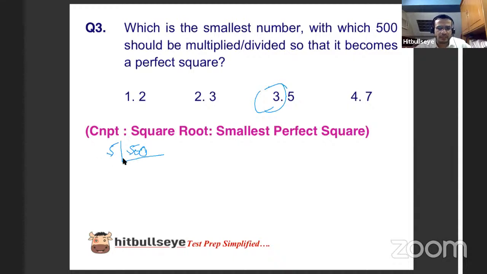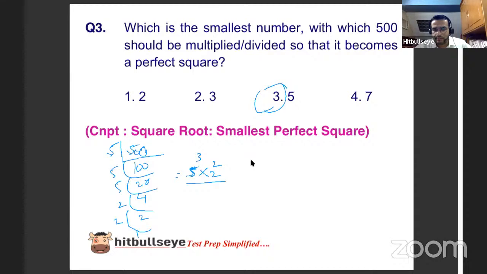Remember, in our childhood days, we used to calculate the prime factors for each of the numbers. So I'll divide by 5, I have 100. Again I'll divide by 5, I have 20. Again 5, I have 4, 2, 2, 2, 1. So what are my prime factors for 500? It is 5 raised to the power 3, as I have 3 factors, into 2 raised to the power 2. This is my prime factorization form for 500.